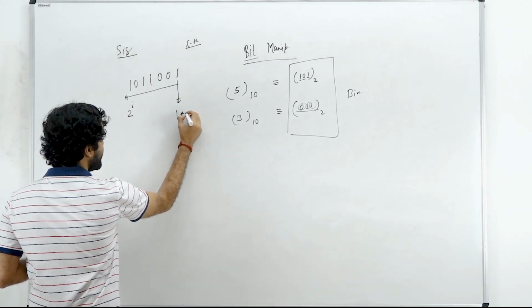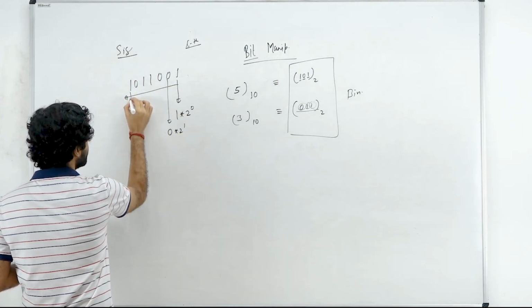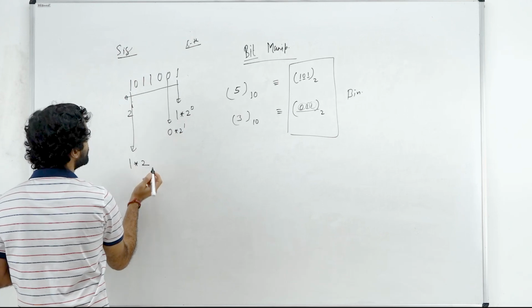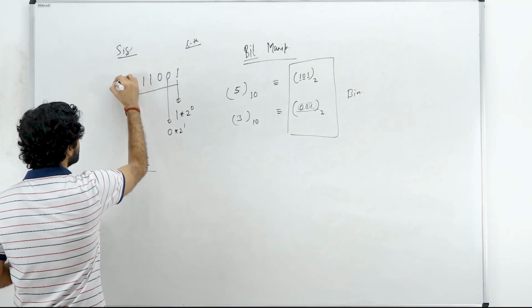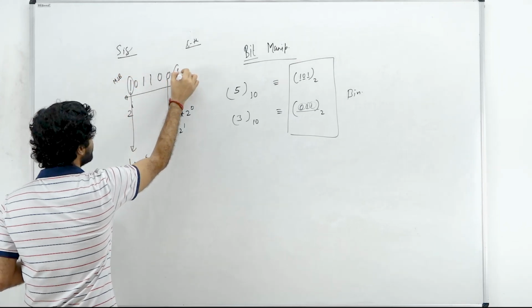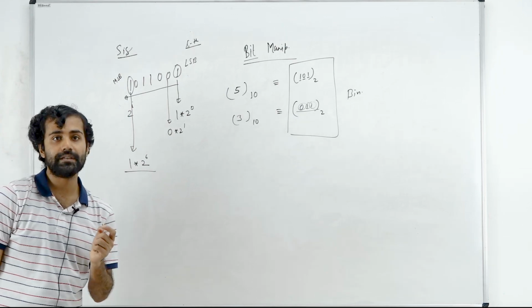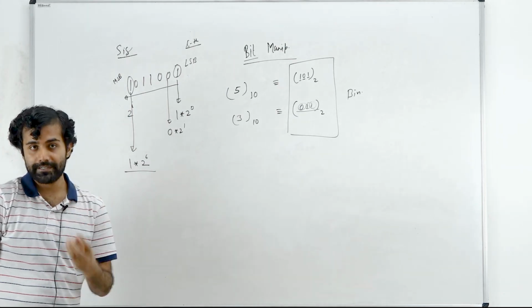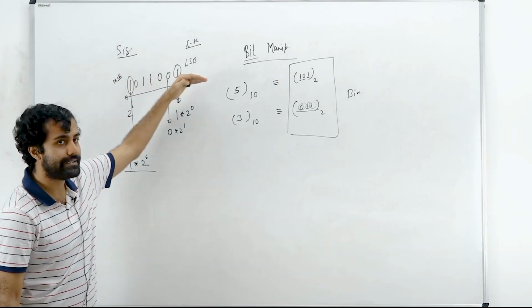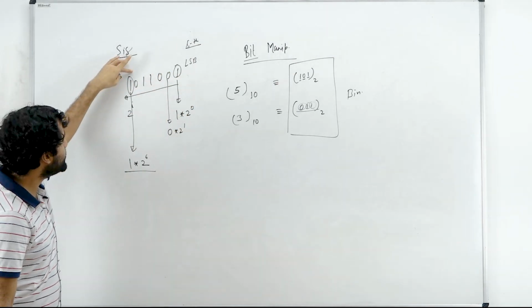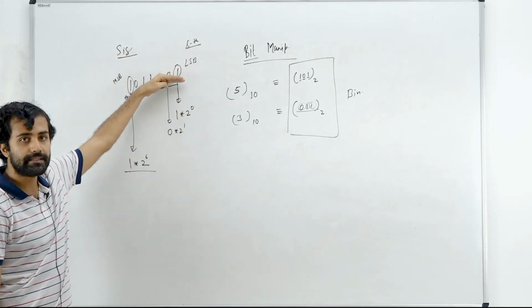What does it represent? It represents 1 into 2 raised to power 0. It represents 0 into 2 raised to power 1. And what does this represent? 1 into 2 raised to power how much? 2, 3, 4, 5, 6. Right? So this is the most significant bit, and this is the least significant bit. Okay? So whenever you are solving a question based on bits, where you play around with the bits, you actually journey across the bits, and that journey can either be from most significant to least significant, or the otherwise.